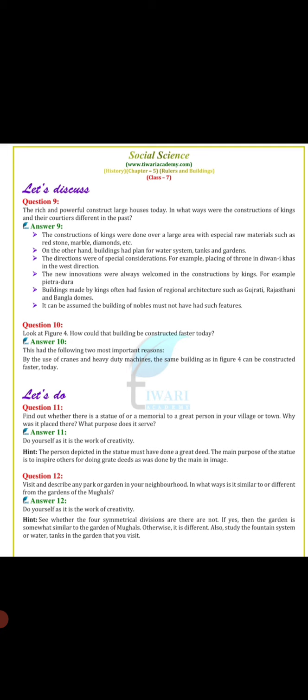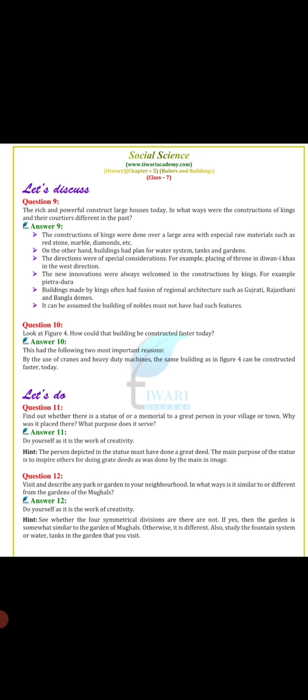Question 9. The rich and powerful construct large houses today. In what ways did the constructions of kings in their countries differ in the past? Answer: constructions of the kings were done over a large area with special raw materials such as red stones, marble, diamonds, etc. Buildings had planned water systems, tanks and gardens.